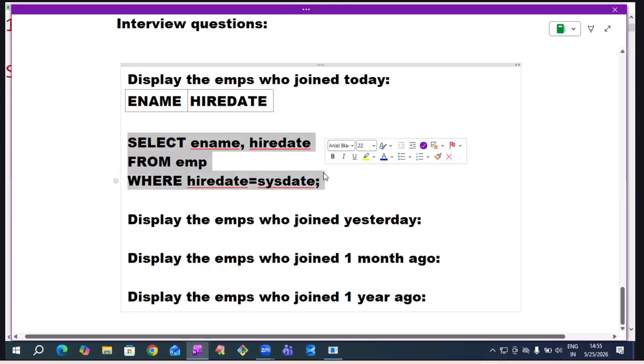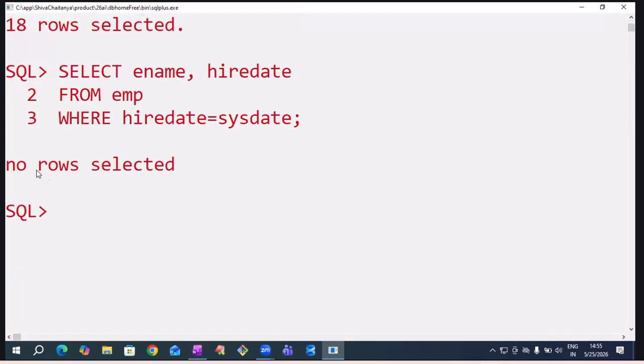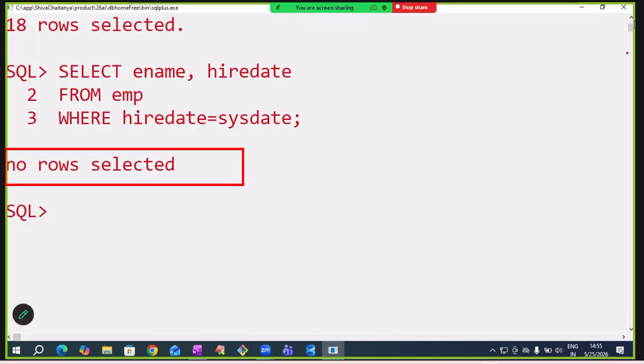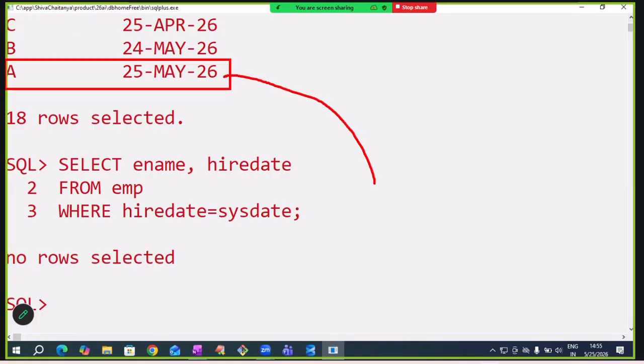Okay. Observe here. What is the output we are getting? Observe, sir. No rows selected. With today's date, employees are there, but is it displaying that employee record? No. We are getting wrong output. Observe.